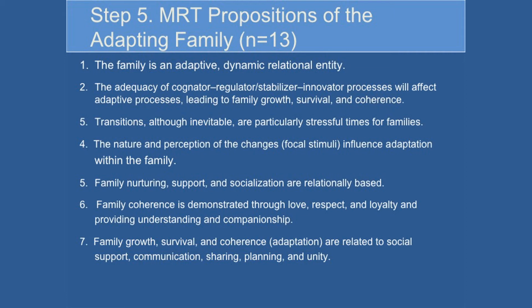Family nurturing, support, and socialization are relationally based. Family coherence is demonstrated through love, respect, and loyalty, and providing understanding and companionship. Family growth, survival, and coherence, that is, adaptation, are related to social support, communication, sharing, planning, and utility.